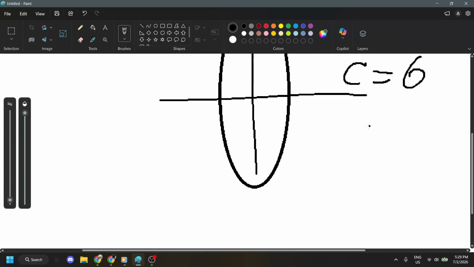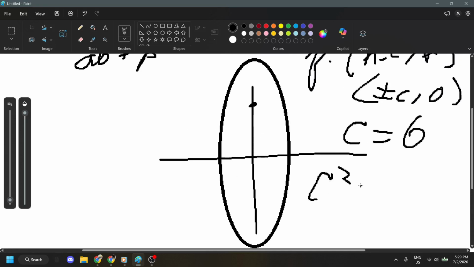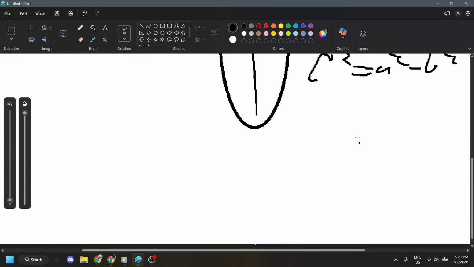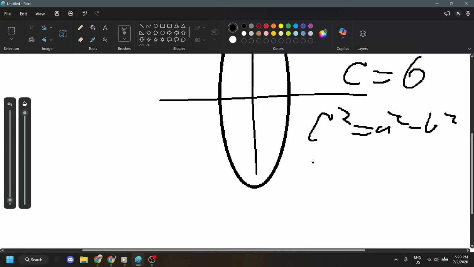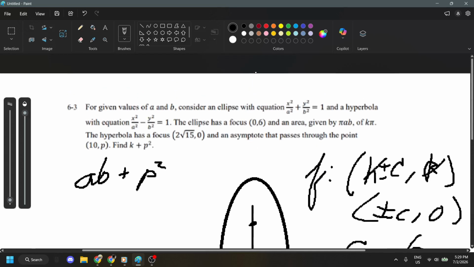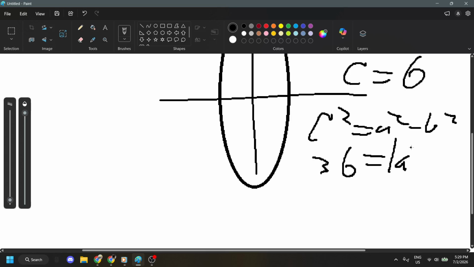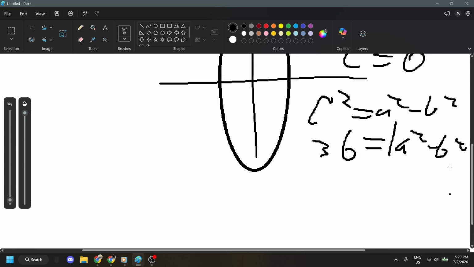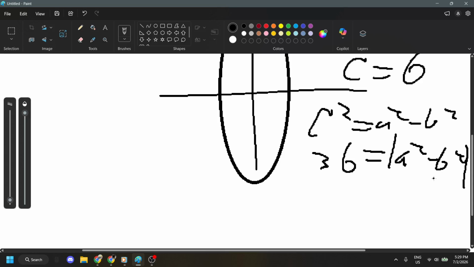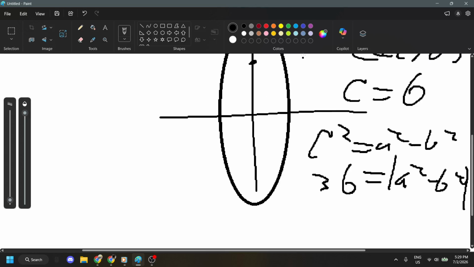And c squared is equal to a squared minus b squared, which is 6 squared, 36, is equal to a squared minus b squared. It's really just the absolute value of a squared minus b squared for us.